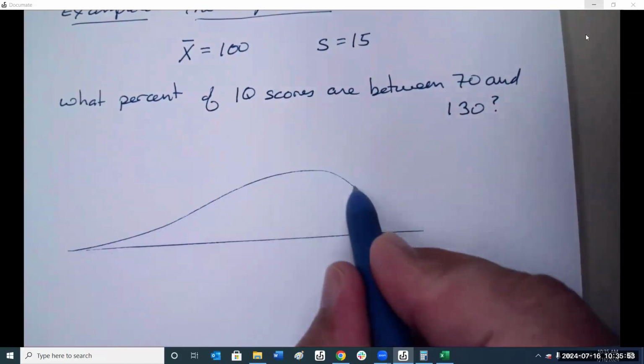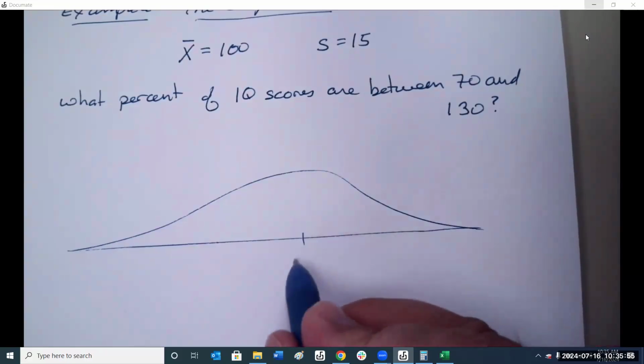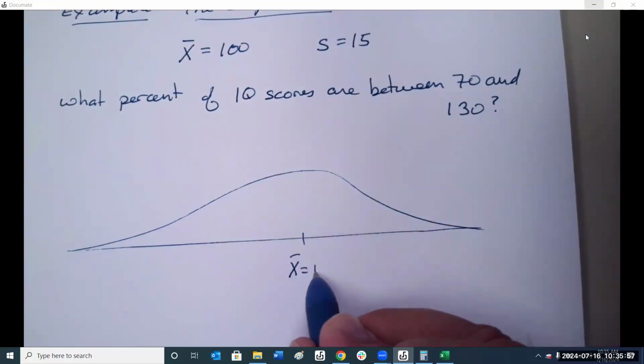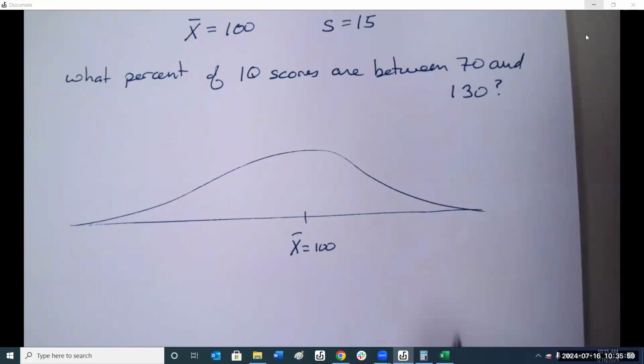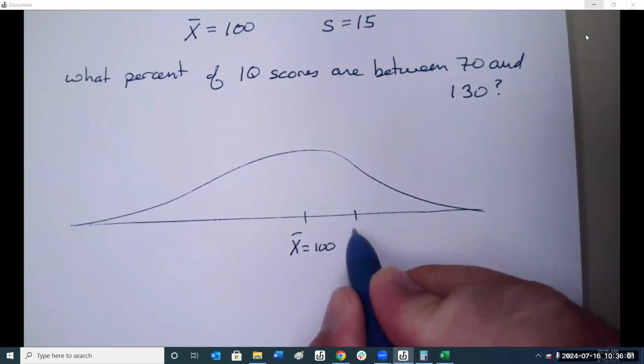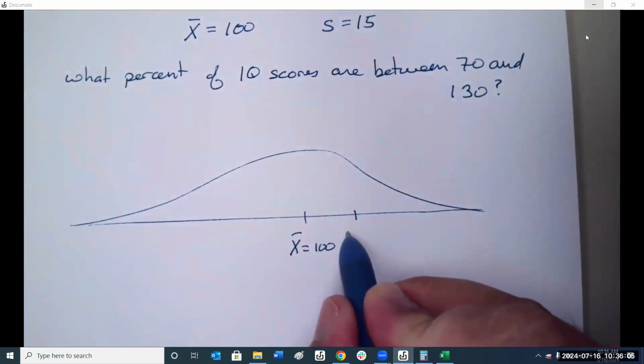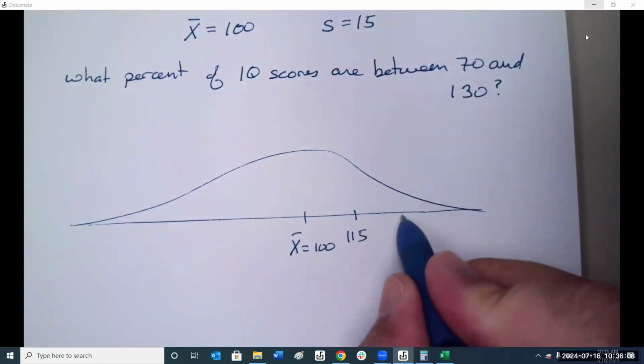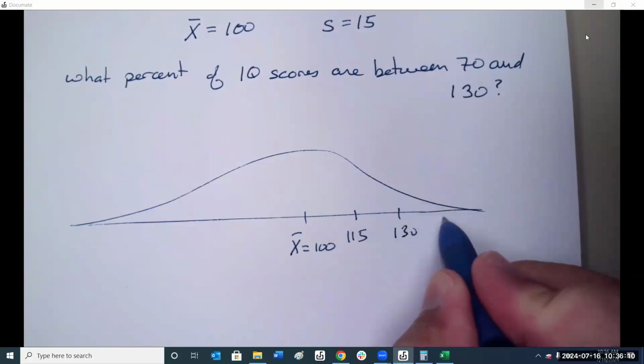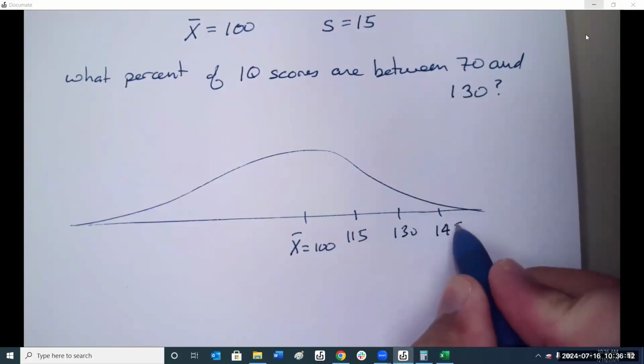Since we're dealing with a bell shape, the mean is 100 and the standard deviation is 15. So one standard deviation makes it 115, 130, 145.